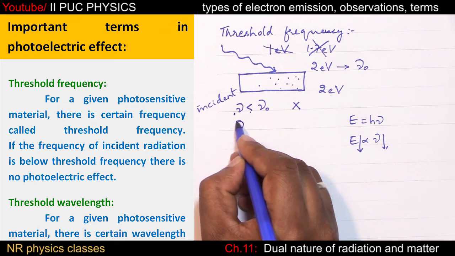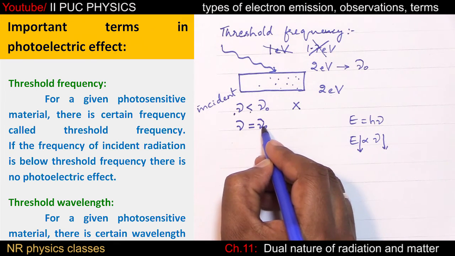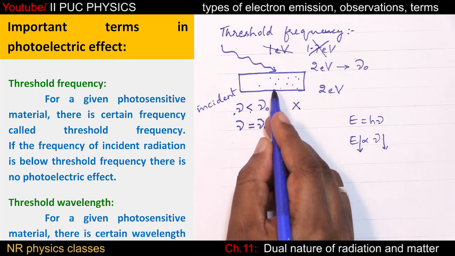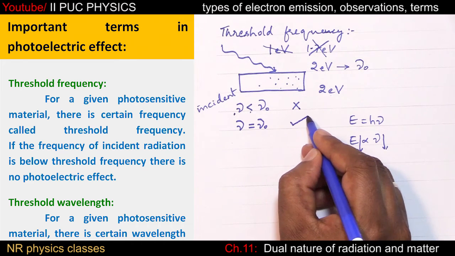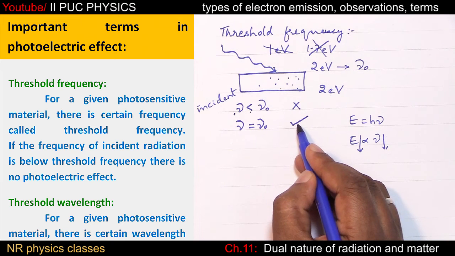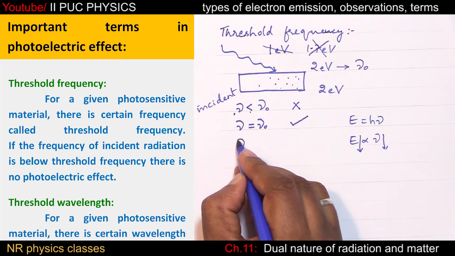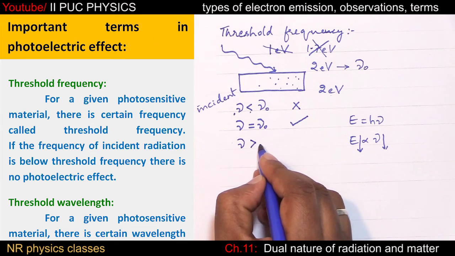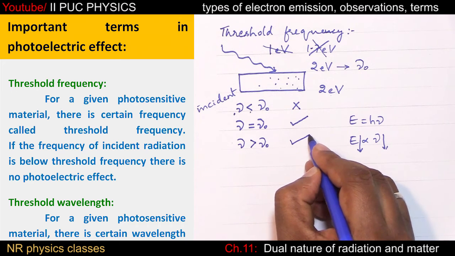If the frequency is just equal to the threshold frequency, the minimum frequency required for the given material, then there is emission of electrons. But we find it difficult to catch those electrons. You will understand why. If the frequency of incident radiation is greater than the threshold frequency, then certainly there is emission of electrons.